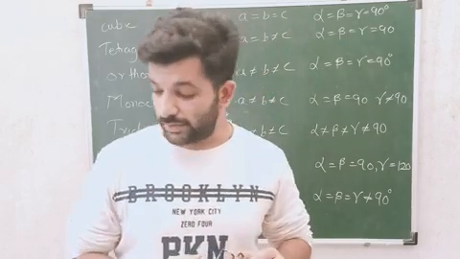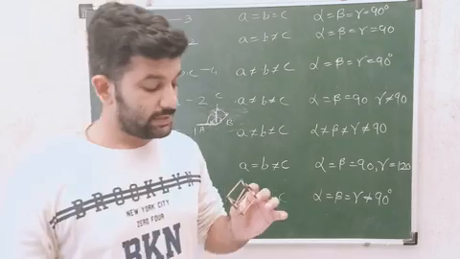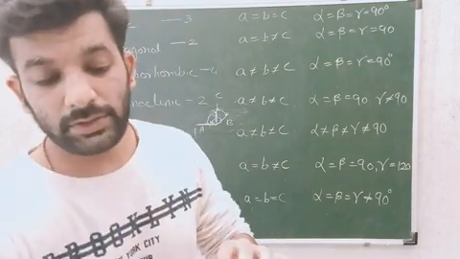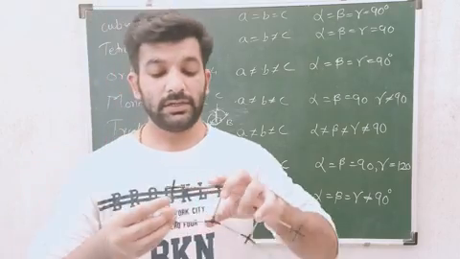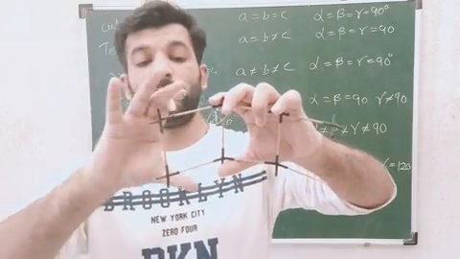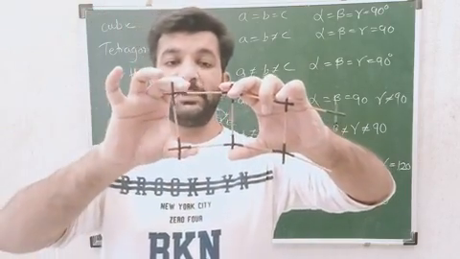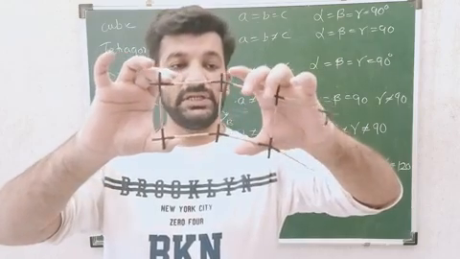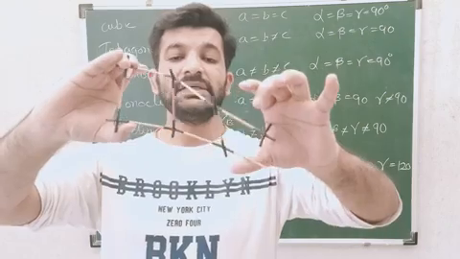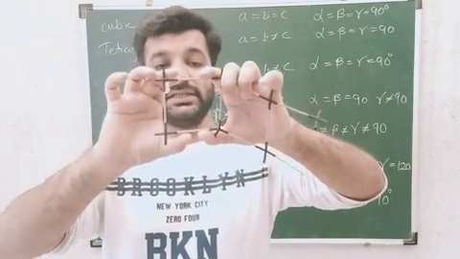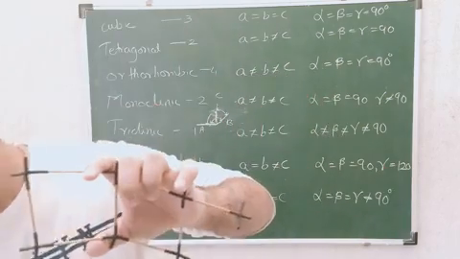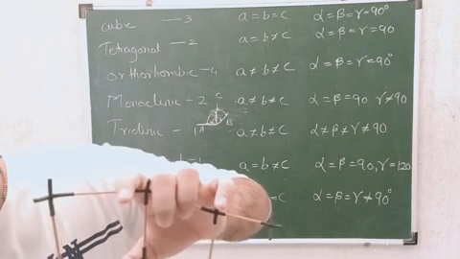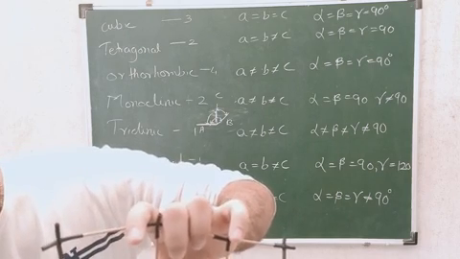Face centered. I don't have anything to show you. Okay, I'll imagine that I have now opened the cube and I am having a face of that cube. Here there is a second face and here there is a third face. Now this is the face of my cube, and at that face I will have atoms present.